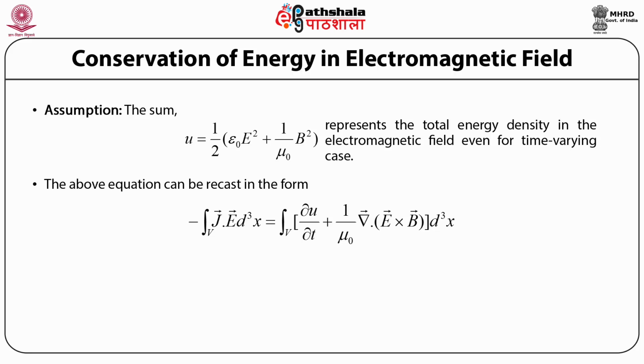So partial derivative with respect to time of this energy density U plus 1 upon mu naught times the divergence of the cross product of the electric field and the magnetic field induction vector, whole bracket close.